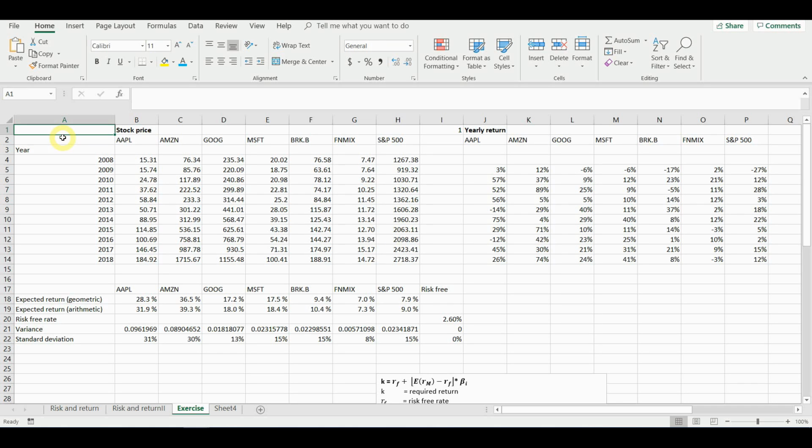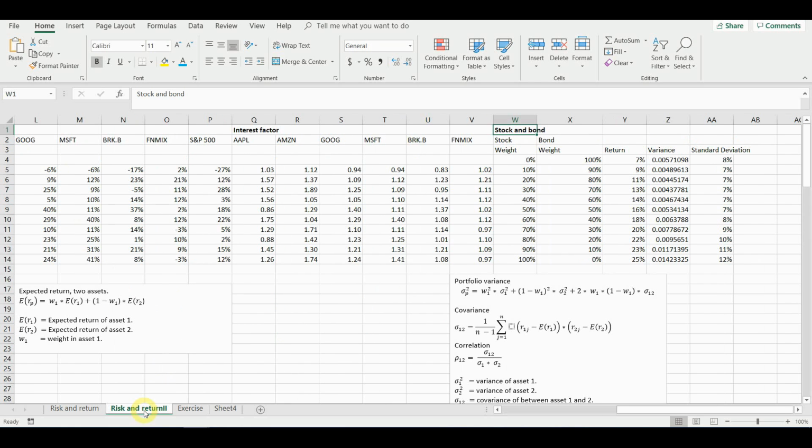To illustrate the capital market line, we will start by making different combinations of S&P 500 and the risk-free asset. The same way we did when we were drawing an efficient frontier consisting of combinations of stocks and bonds. We will use the same layout.